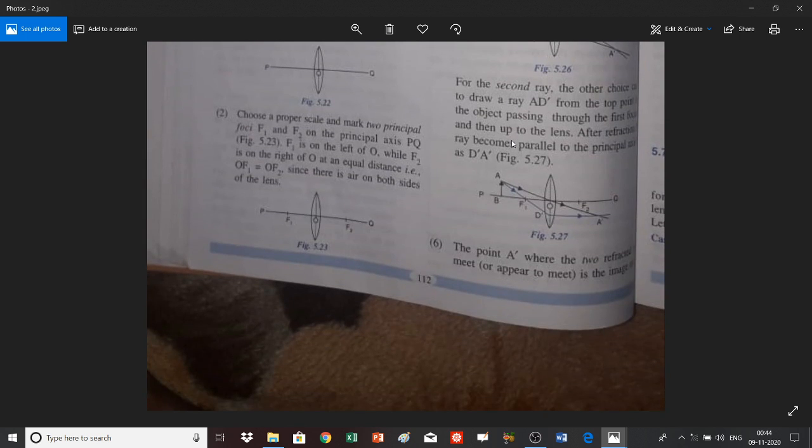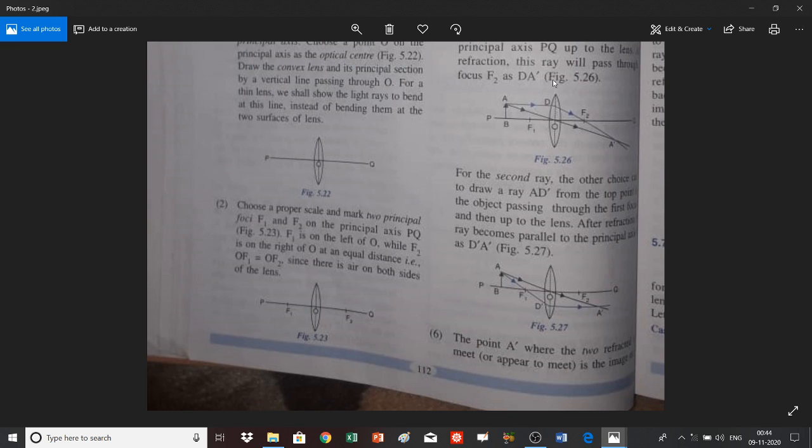Now another case is here. Just opposite of these cases, the first ray is passing through the optical center, and passes in this direction. Another ray is taken through the first principal focus. You know that the ray which is passing through the first principal focus will be parallel to the principal axis after refraction.